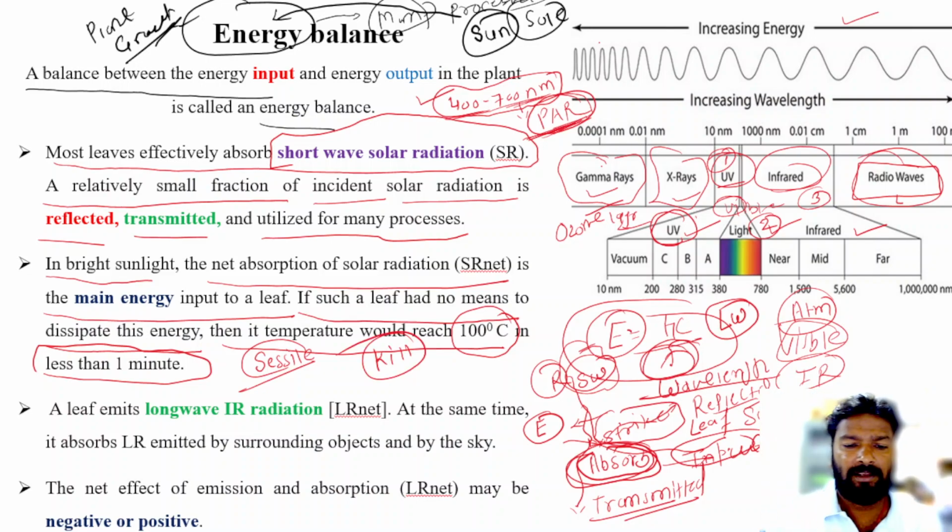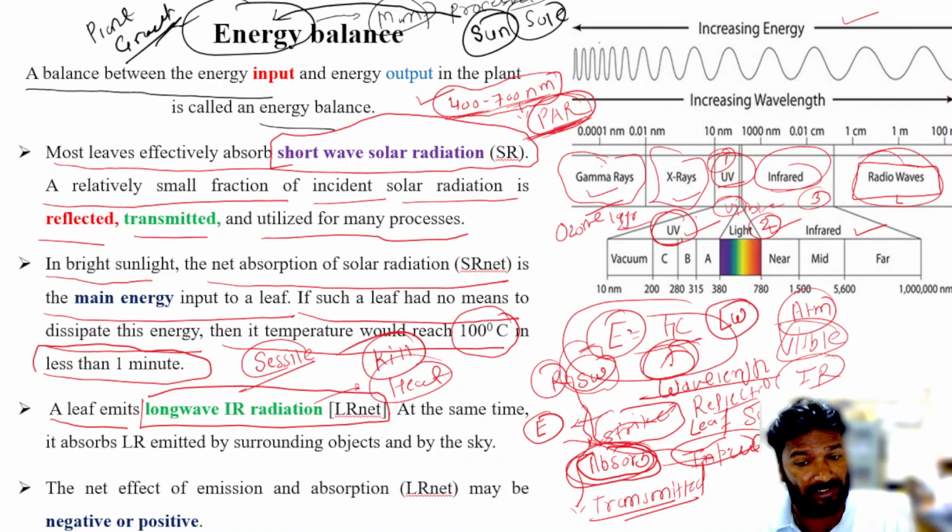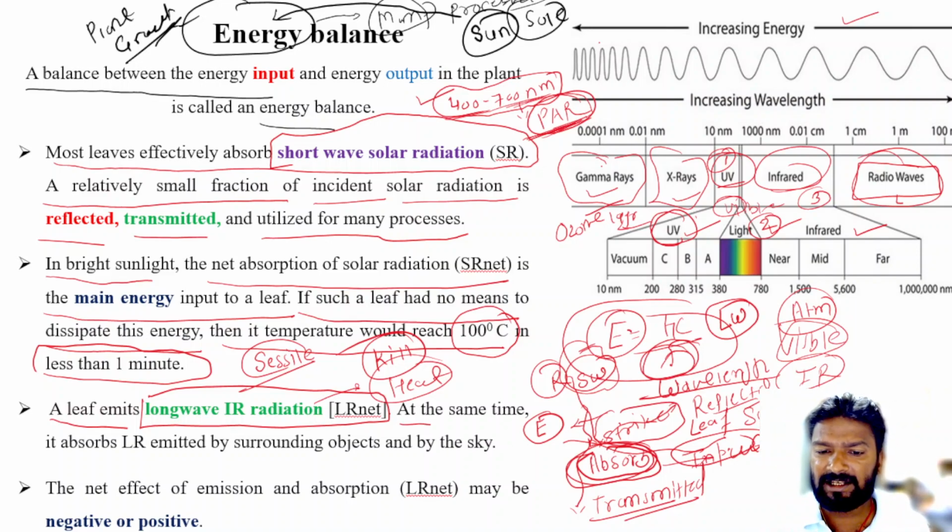So a leaf emits long wave infrared radiation in the form of heat. They dissipate this energy in the form of heat. At the same time, it absorbs the long wave radiation emitted by the surrounding objects or by the sky.